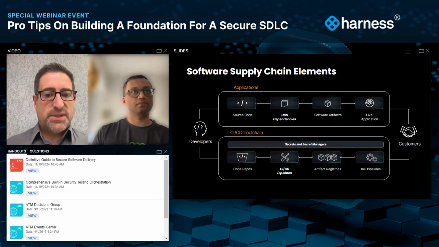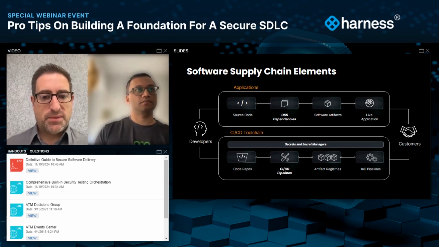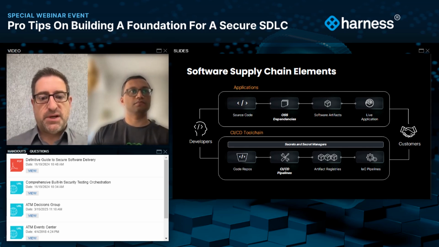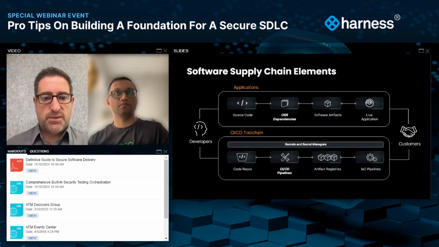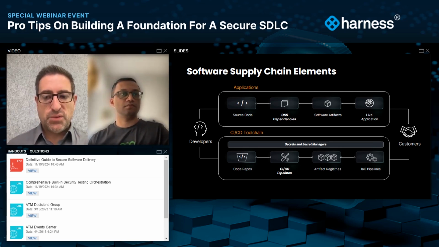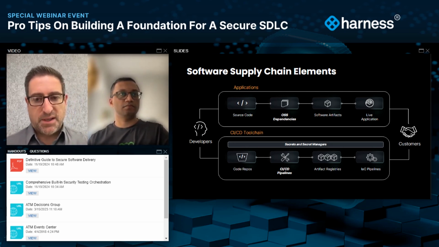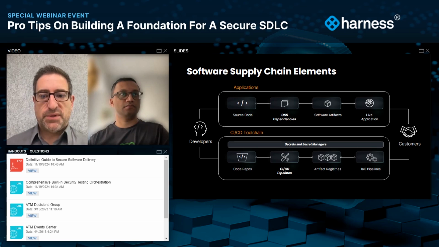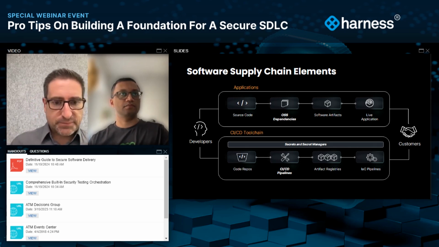The second area is the CI/CD toolchain: your integrated development environments, your code repos, CI/CD pipelines, etc. These are all the elements of the toolchain here. And of course, at the beginning, you've got developers and their involvement throughout the software supply chain at these different stages of the SDLC, and then finally your end customer. So again, there is a lot going on here.